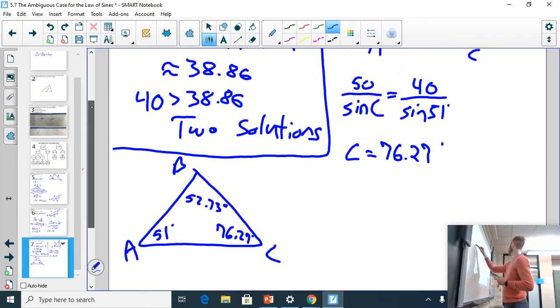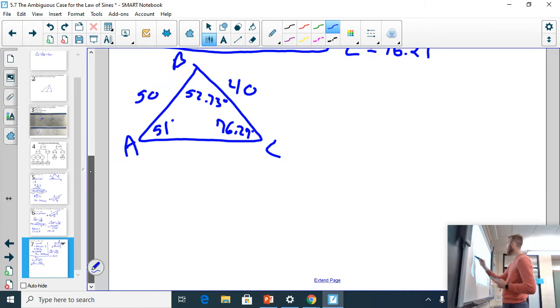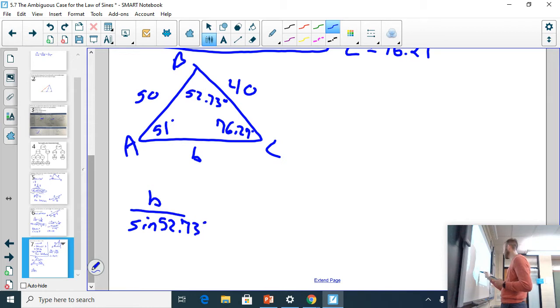And then again, we have the side of 40. So now all we need to solve the last part of this is just this last side b. So we know that b over the sine of 52.73 is equal to, and then again, let's use the ones that were given, 40 over the sine of 51.